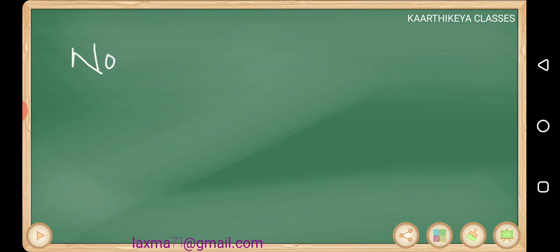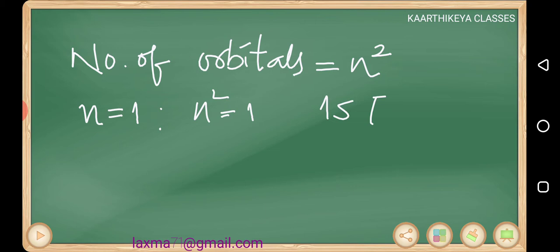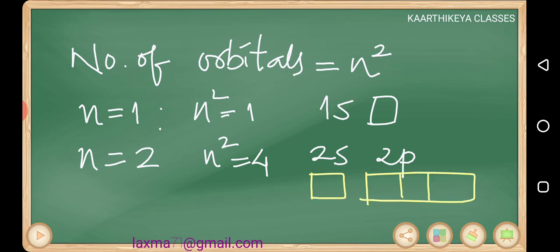The number of orbitals is equal to n square. If n is equal to 1, n square is 1, so the 1s subshell has only one orbital. If n is equal to 2, n square is 4: 2s has one orbital and 2p has three orbitals, so the total is 4.